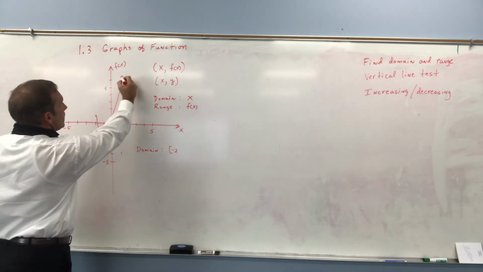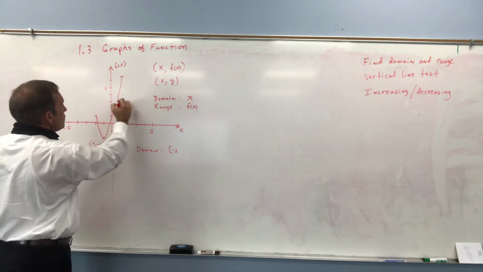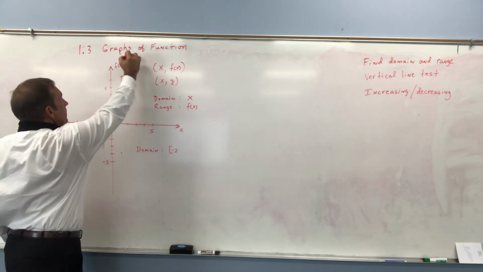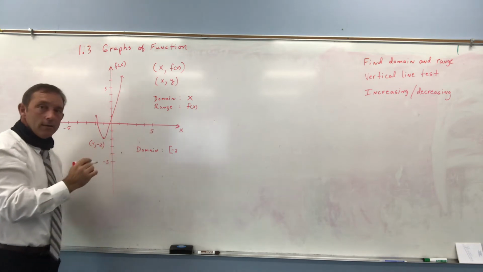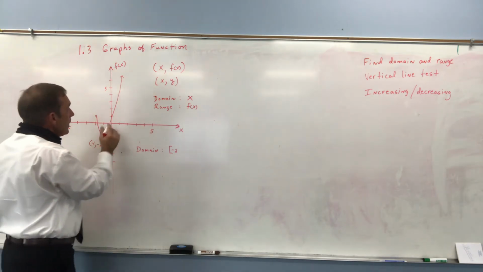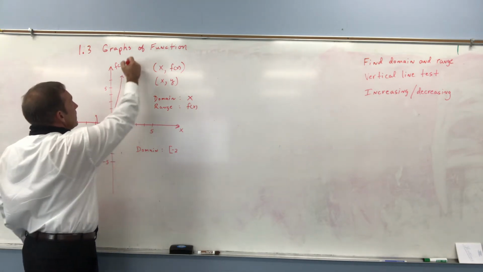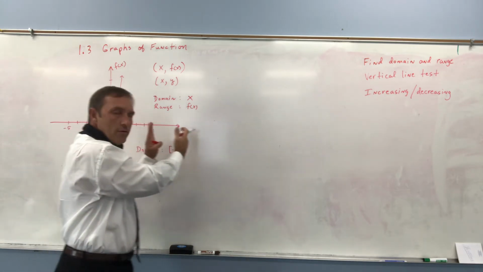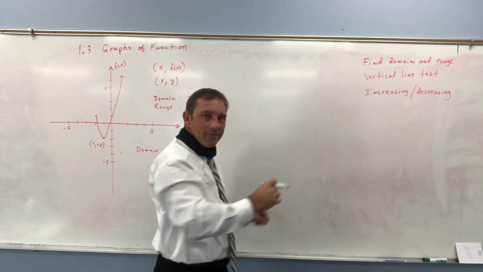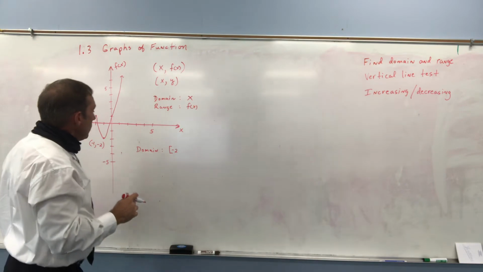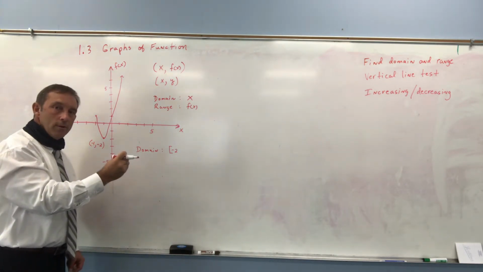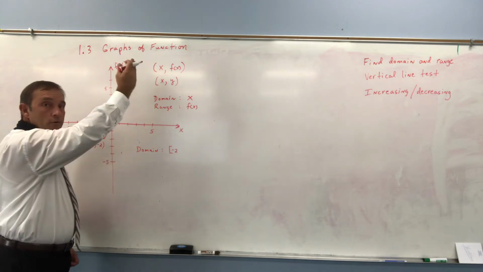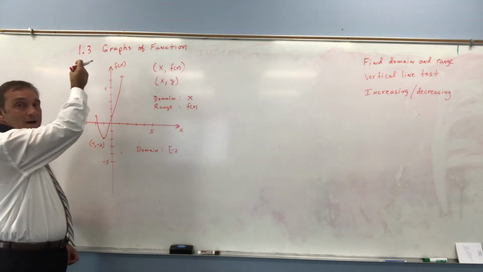And notice that this graph, as you move to the right, keeps going. It keeps going. We have to stop drawing it. But it doesn't stop right here. It keeps going. So forever this direction on the x-axis, there's going to be an x value, and then it's going to go to the graph and correspond with a y value.